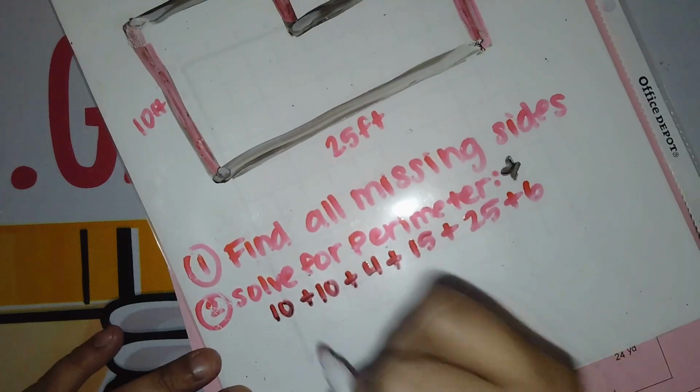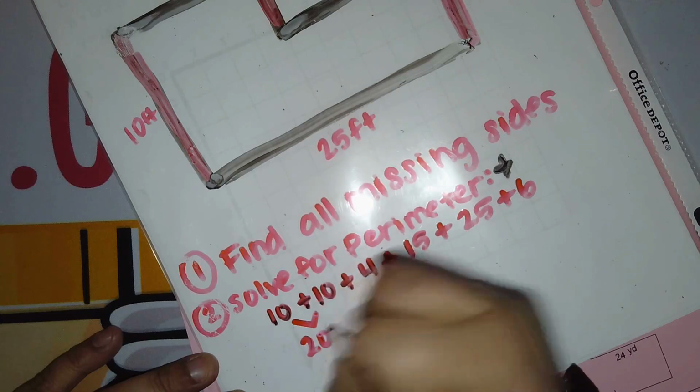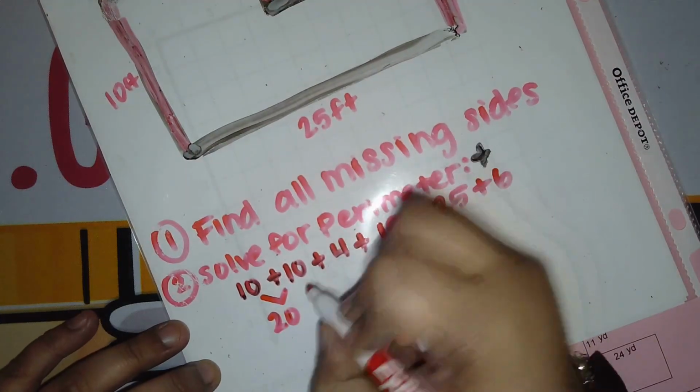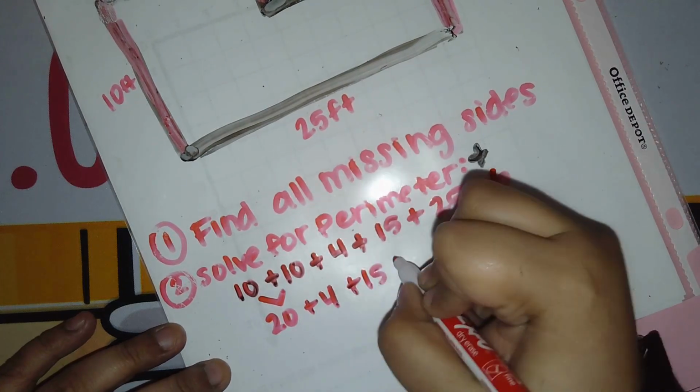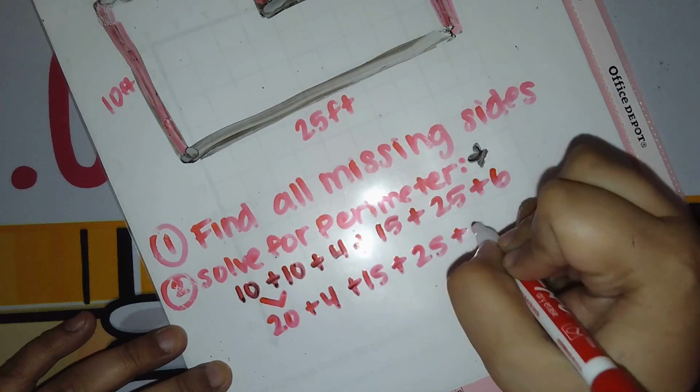All right, I got everything. So 10 plus 10 gives me 20, plus 4 more, plus 15, plus 25, plus 6.